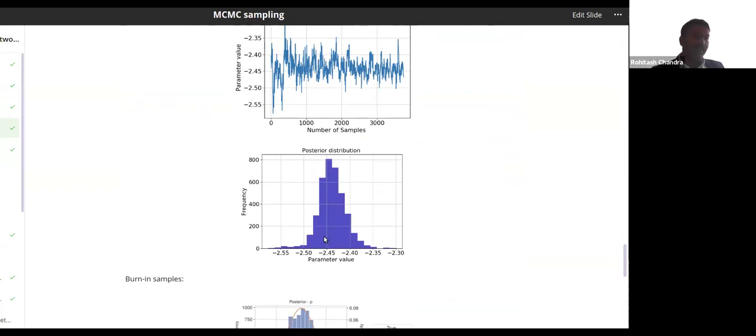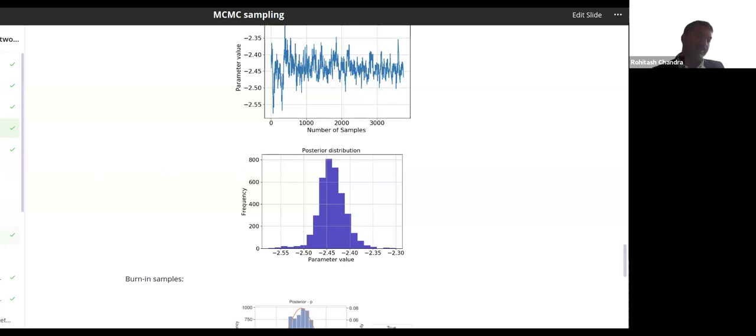If you sample around here too much, you're not really sampling all the portions of the posterior distribution. You should sample both sides. So that's enforcing the detailed balance condition, to effectively sample all the parts of the posterior distribution. So that becomes a problem.